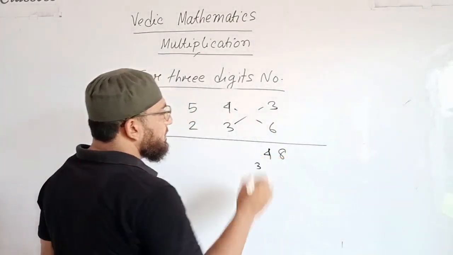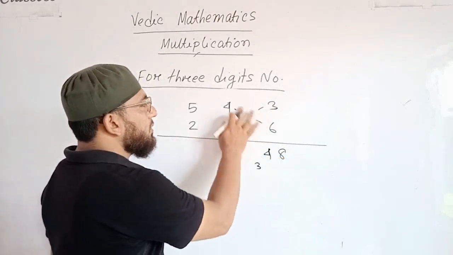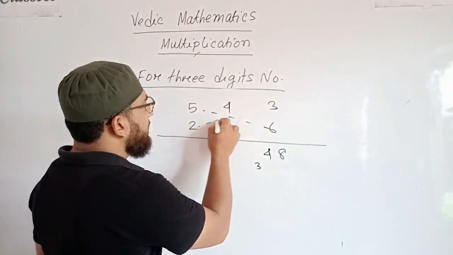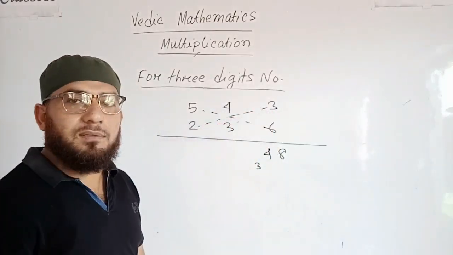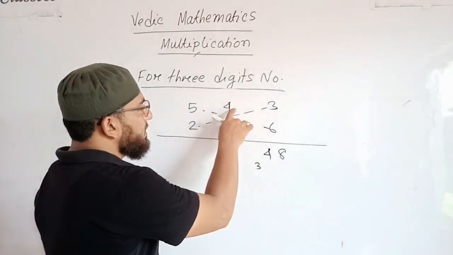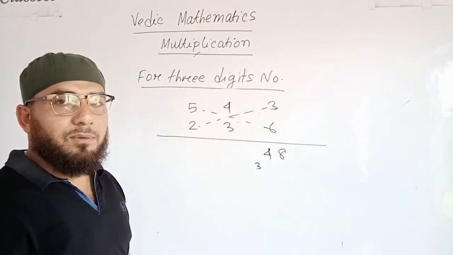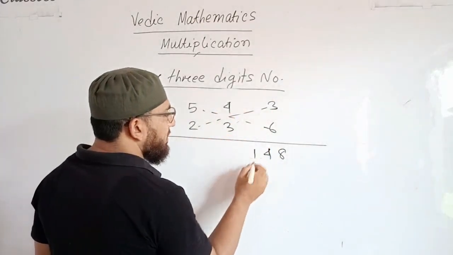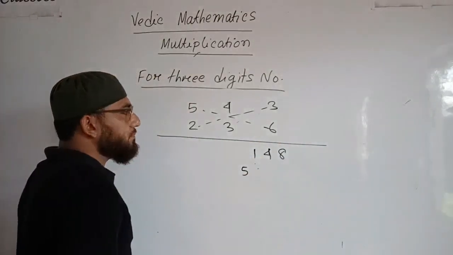34, carry is 3. Now vertical with crosswise. 5 6s are 30. Plus 6, 36. 36 plus here is 12, which is 48. Carry 3 is 51. Then carry 5.